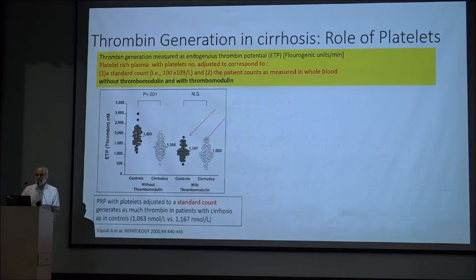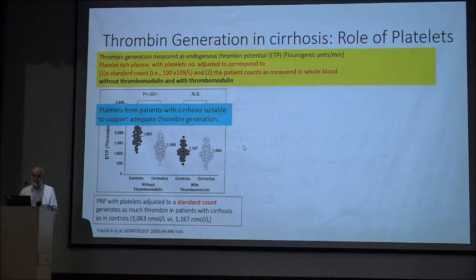Now let us see thrombin generation in cirrhosis. What is the role of platelets? So this was the study which showed that when platelets were adjusted to a standard count, that is more than 1 lakh, then the thrombin potential is similar in cirrhosis versus control. All are equal. That means platelets from patients with cirrhosis are suitable to support adequate thrombin generation.